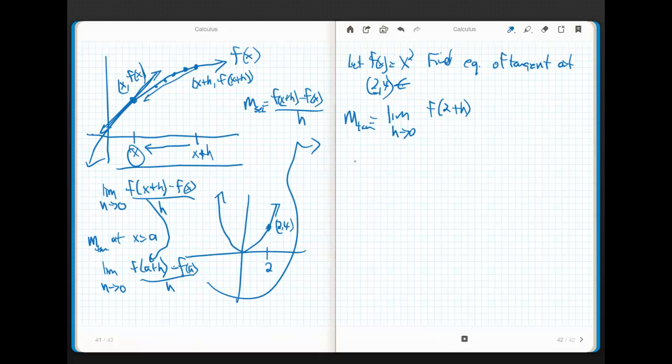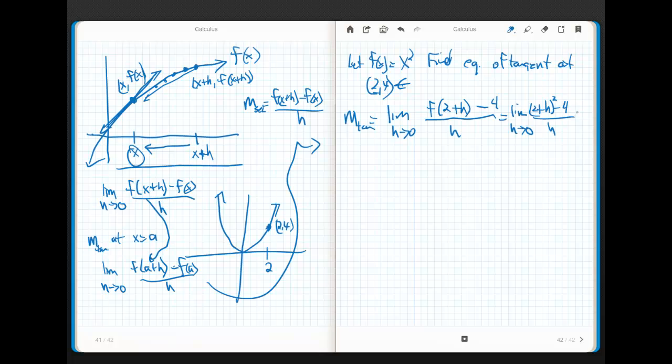A is just the value at which we're looking for the slope of the tangent line. So it's 2 plus h minus f of a, which is 4, all over h. That is the limit as h goes to 0 of (2 plus h) squared minus 4, all over h.